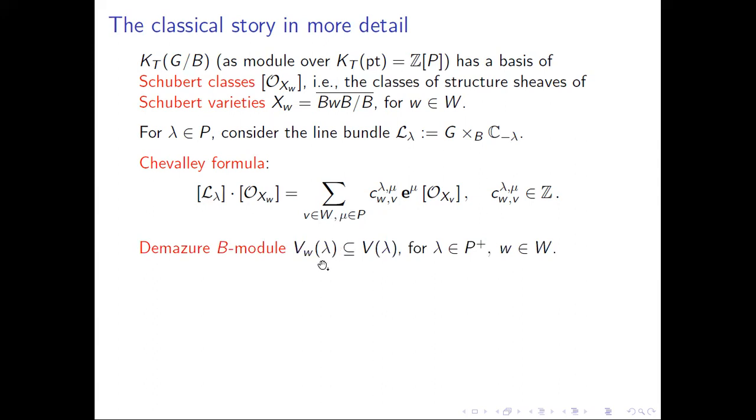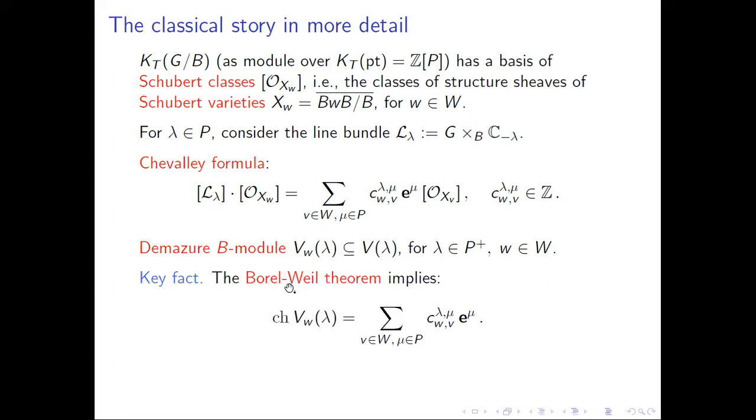And then the connection to representation theory comes by considering Demazure modules. These are certain B-modules for the corresponding Lie algebra or Lie group. So they are these modules V sub w of lambda. They are submodules of the highest weight representation with highest weight lambda, for lambda a dominant weight, and w an element of the finite Weyl group.